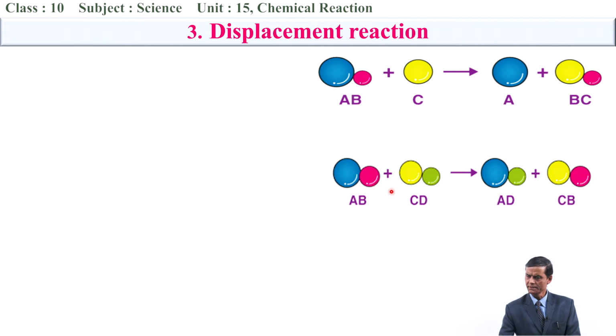Instead of AB and CD, the ions are exchanged. There is exchange of ions, exchange of substances, and the product will be, instead of AB, there will be AD plus, instead of CD, there is CB. Yes, this type of reaction is called displacement reaction.